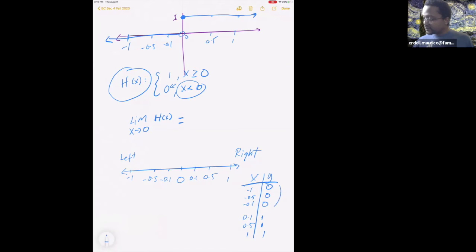So my question to you is, are these two sides squeezing towards the same number? Is there one single number in between them that they're both getting closer and closer to? No. Whenever we do not have a consistent value that the two sides are always getting closer and closer to, we say the limit does not exist.